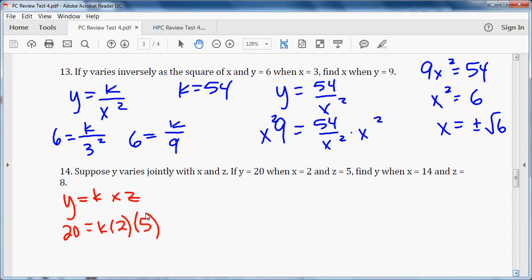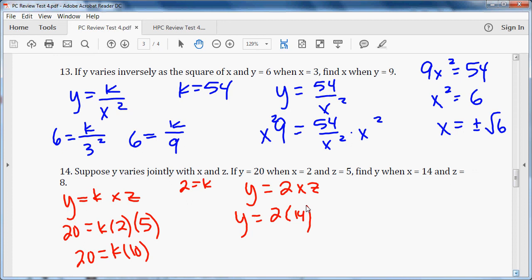So I multiply both sides, 2 times 5 is 10. So I divide both sides by 10 and I see that k is equal to 2. So I have y equals 2xz. It says find y when x is equal to 14 and z is equal to 8. So when I multiply all that together, I get y is equal to 224.